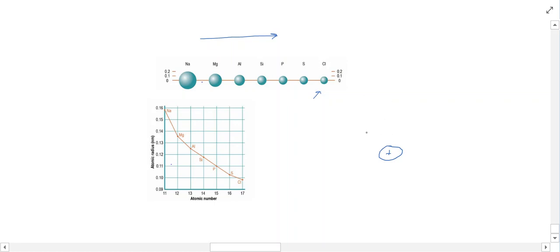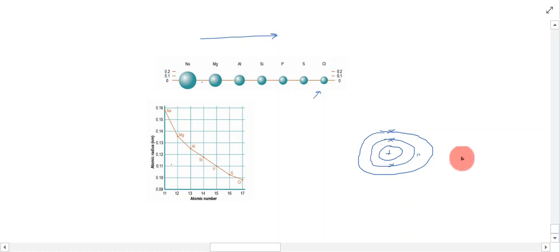As you move across the period, they all have the same number of energy levels occupied. So they have the same number of screens of electrons between the inner positive charge of the nucleus and the outer negative charge of the electron.